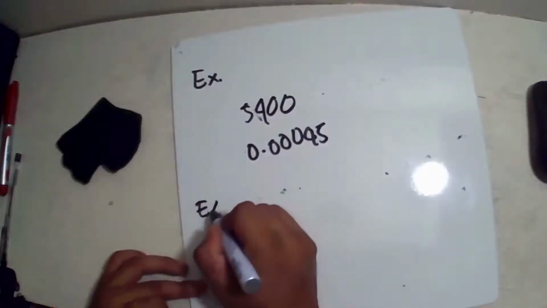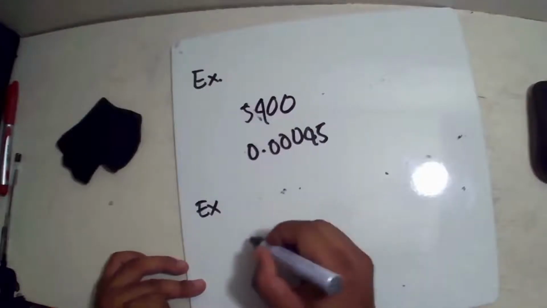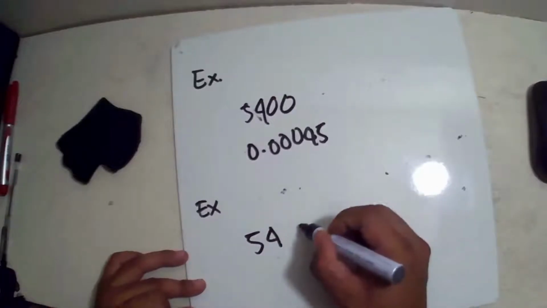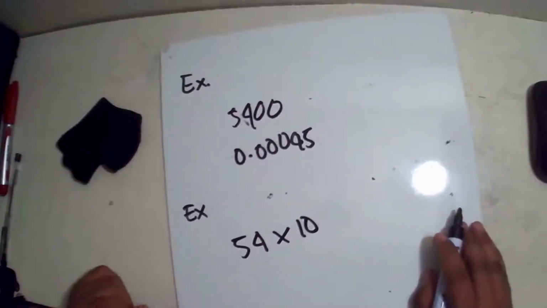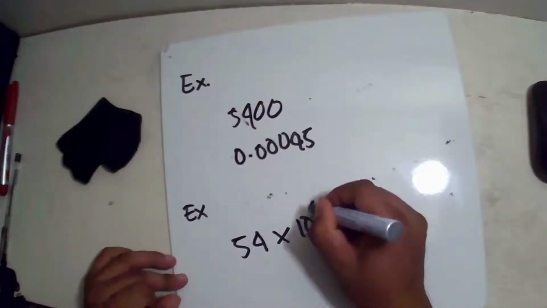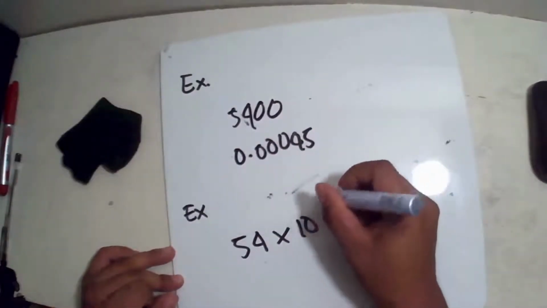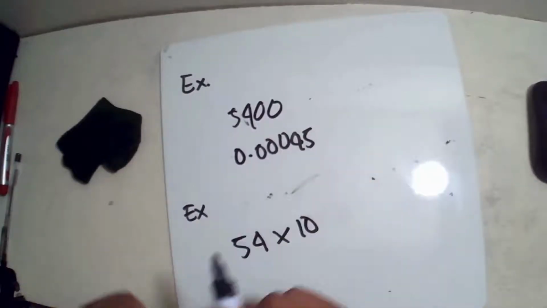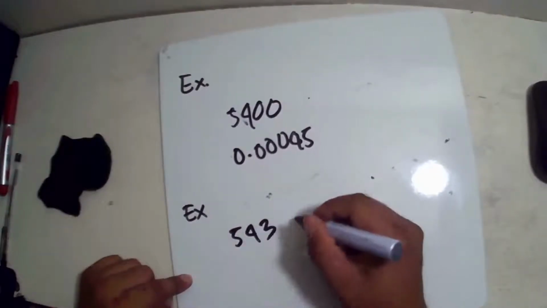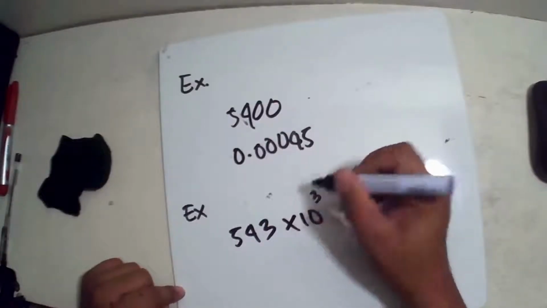And another example here, 54 times 10 raised to positive 4, or I will make it like this one, 543 times 10 raised to, shall we say, positive 3.